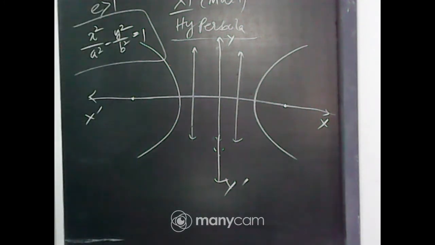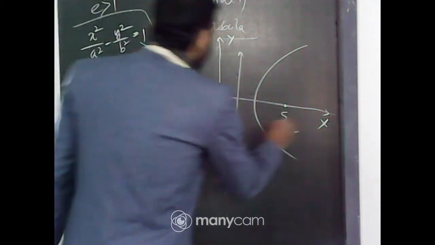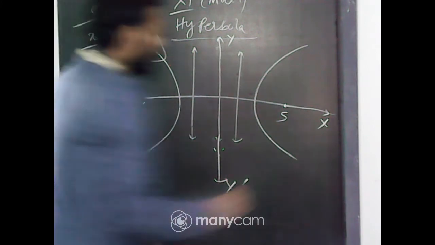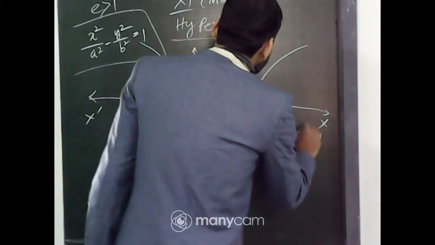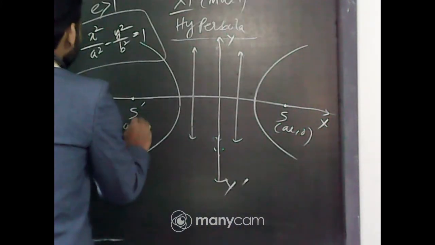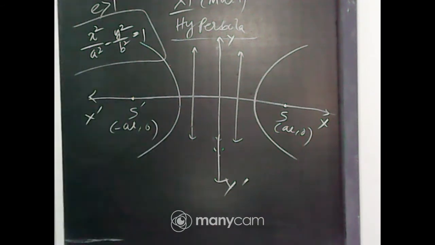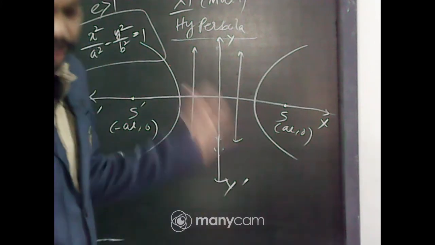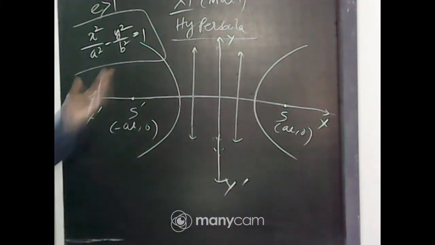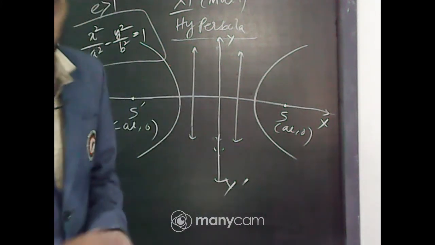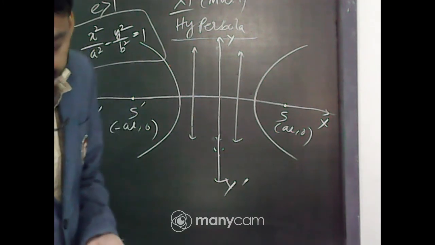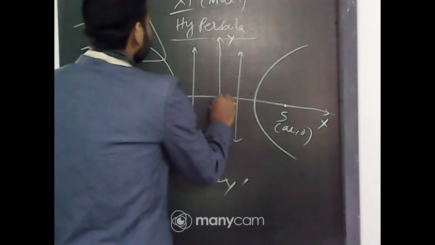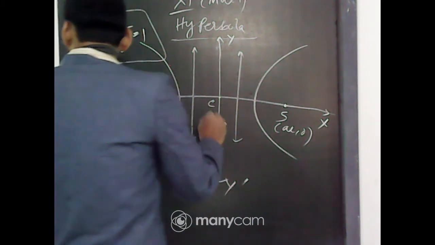Now coming to the foci, S and S dash, foci in plural, that is (ae, 0) and (minus ae, 0), very similar to the formula of ellipse. I am not telling you the proofs, I am just telling you the formulas for solving the problems. Now the center C is (0, 0).